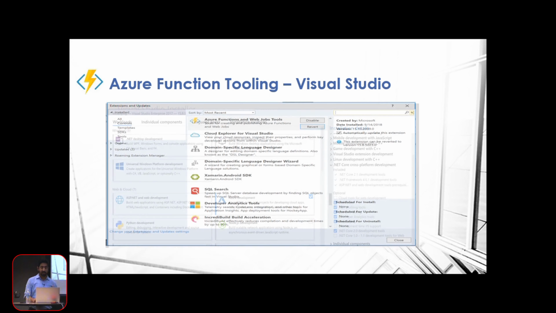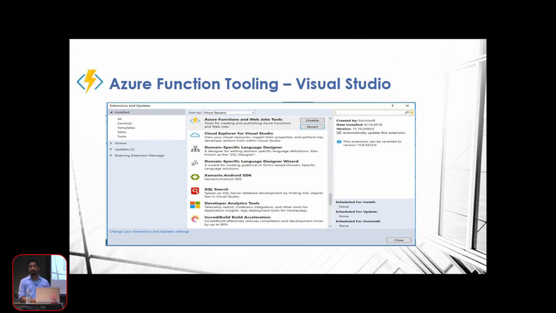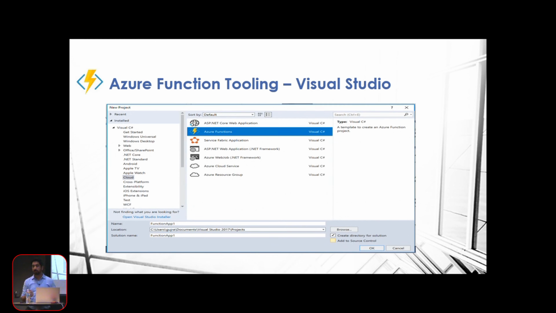Once you have that installed, ensure that you have an extension known as Azure Functions and Web Job Tools, which brings in all the tools that you require for developing specific Azure Functions and Web Jobs. And finally, if you have those two things set up, then you will be able to see the project template within the Cloud tab under New Project for Azure Functions, just like any other project template.